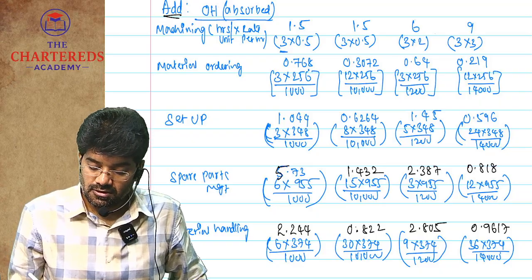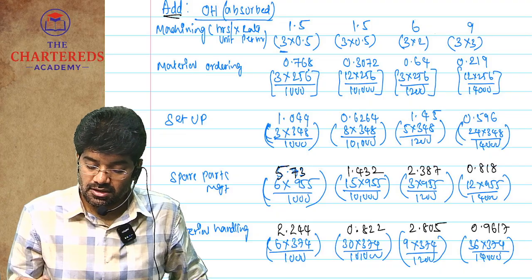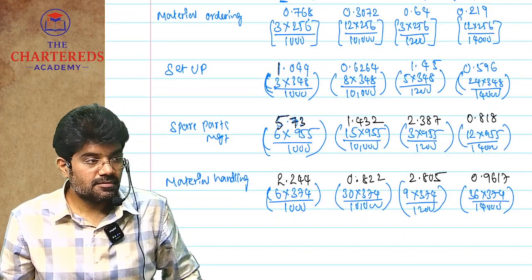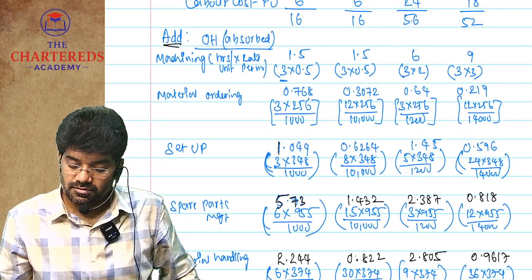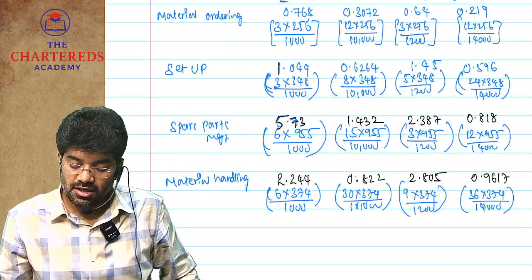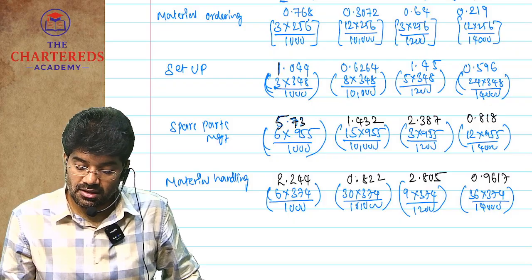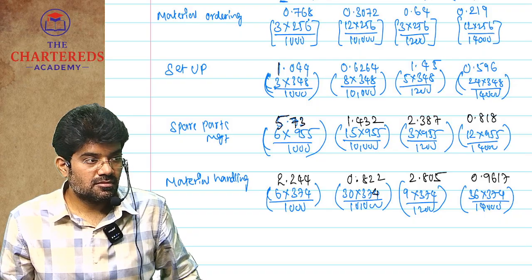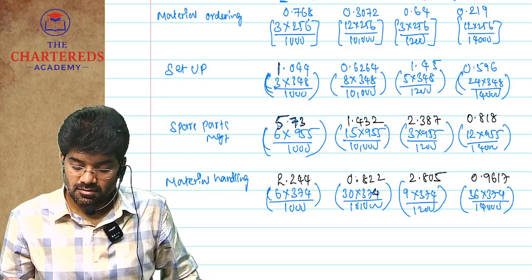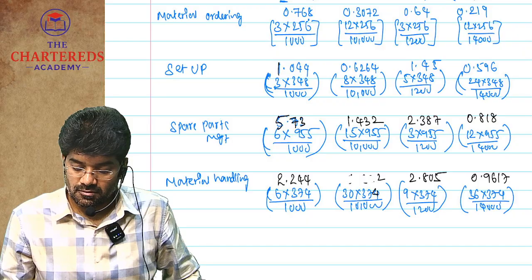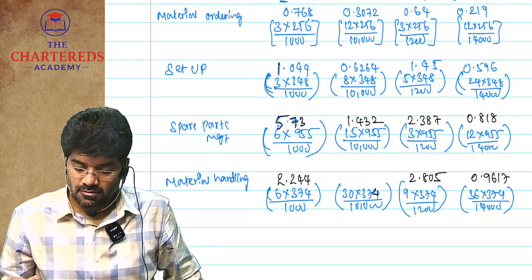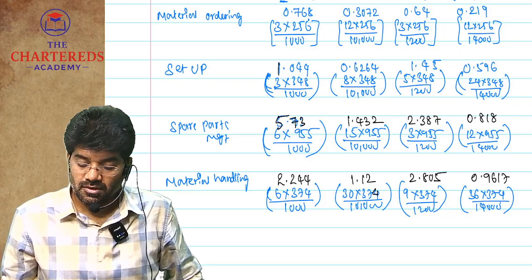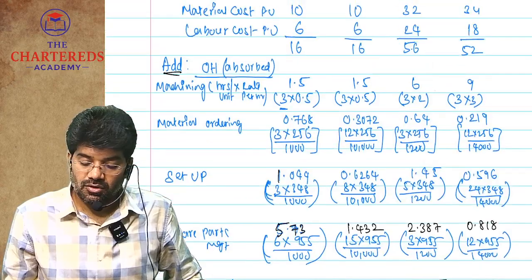Yes. So what you do is get the totals. 30 into 374 divided by 10,000 is 1.12. Okay. Now get the totals.